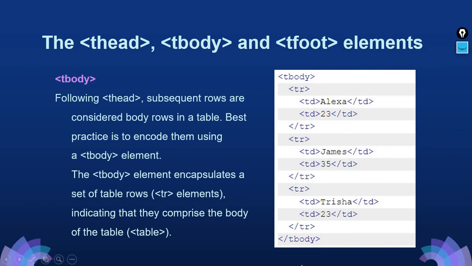So here's an example. Regular cells are specified using the TD elements as children of TR elements. Take note that you can create multiple sections within a table by using multiple tbody elements.